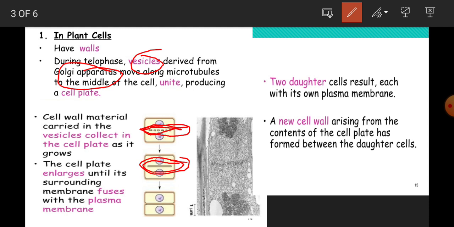The cellular materials carried in the vesicles are cellulose, hemicellulose, pectin, and lignin, and these substances are also deposited in this cell plate. And the cell plate enlarges until its surrounding membrane fuses with the plasma membrane.